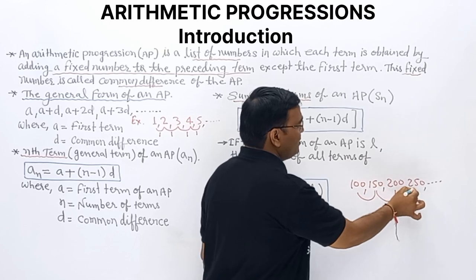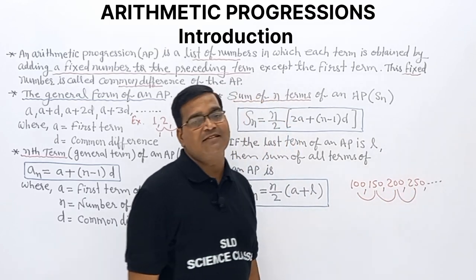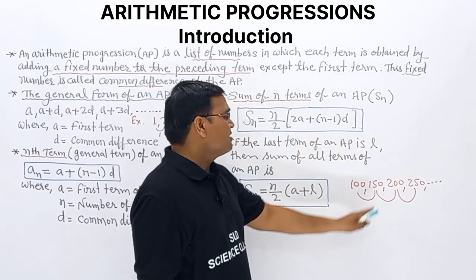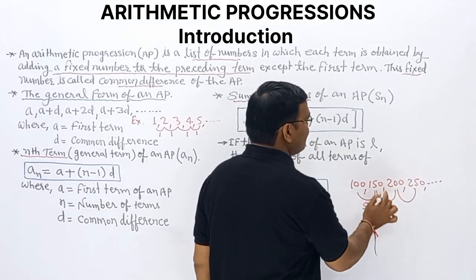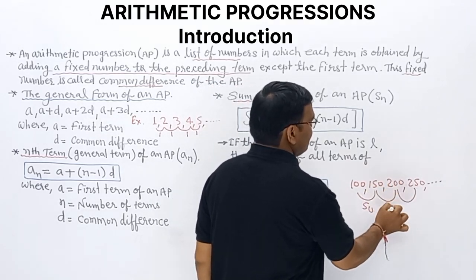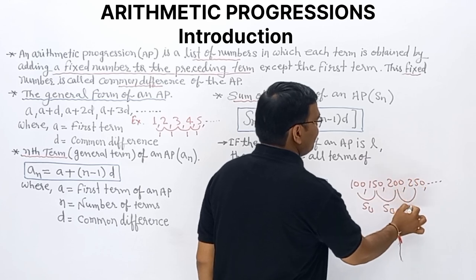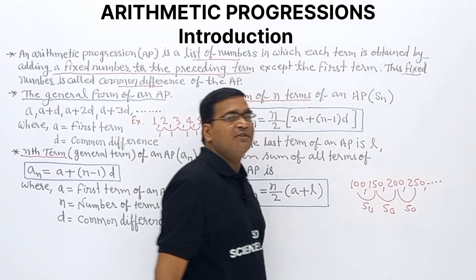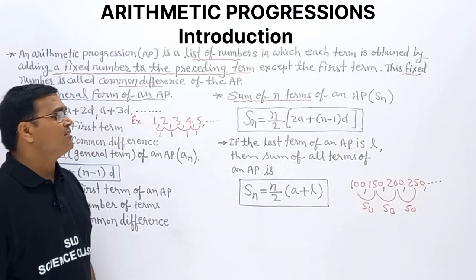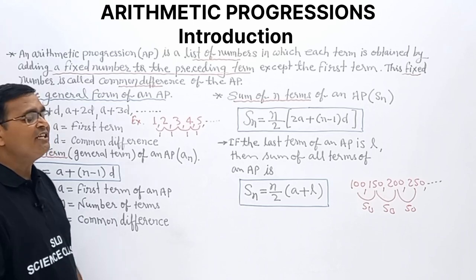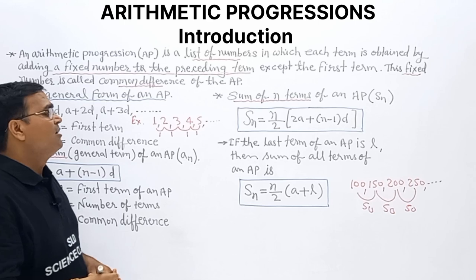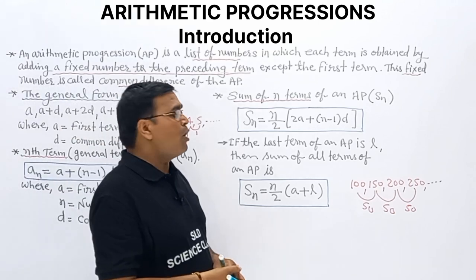If we get the same common difference, then we can say it is an AP. Second minus first is 50, third minus second is 50, and this one minus this one is 50. We get the same common difference, so the given sequence is an AP.